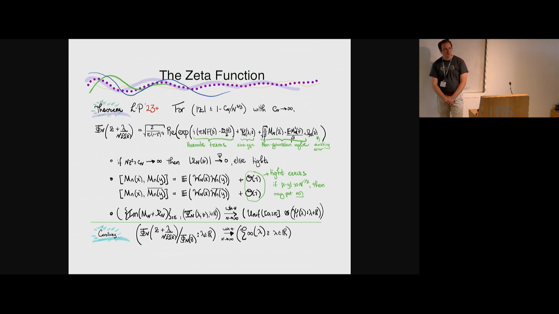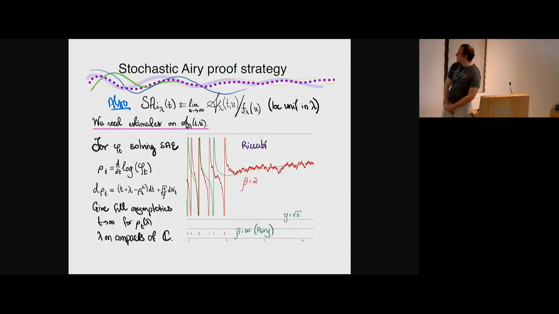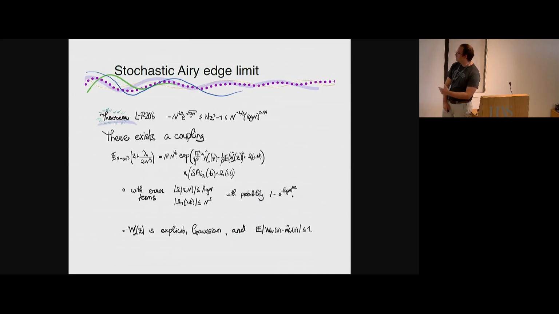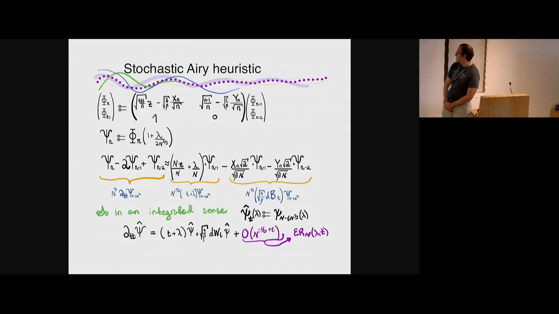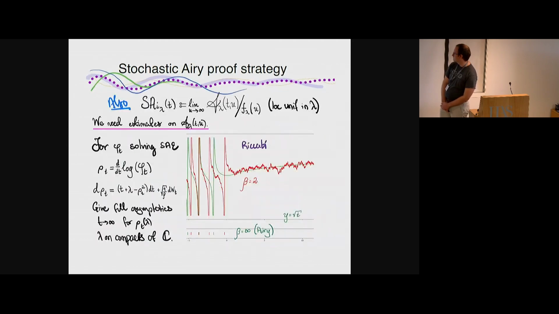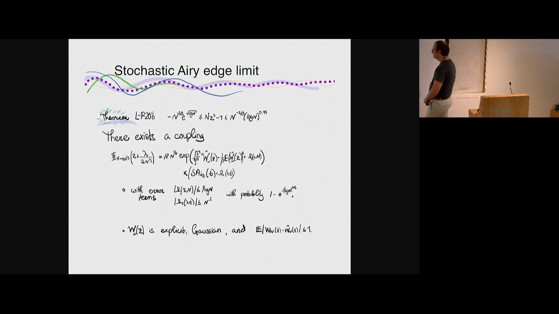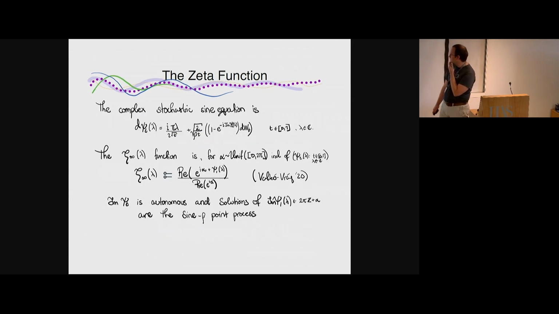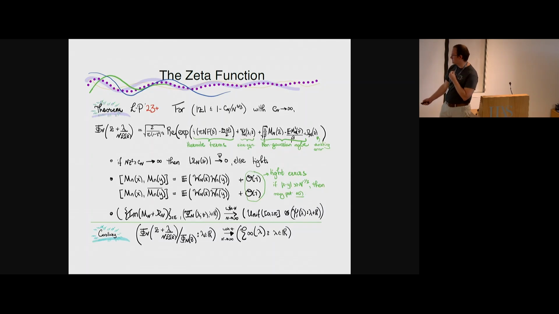So in all your results, you're only on the real axis, right? Yeah. So in fact, in this Airy result, we could be in a shrinking neighborhood of the real axis. I actually think that probably we're going to just prove this for what we have now, which is just real.